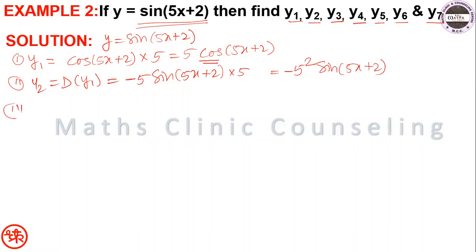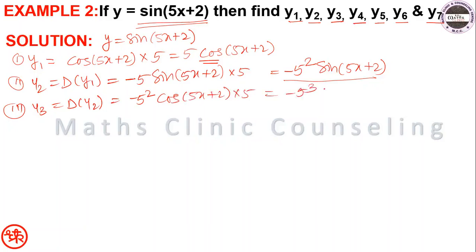Then third one, y3, that is d of y2. So d of y2, here minus 5 square, the derivative of sine is cos of 5x plus 2 into 5, that is minus 5 cube into cos of 5x plus 2.